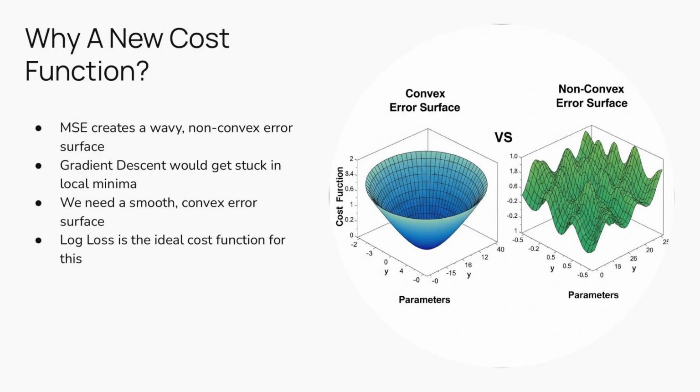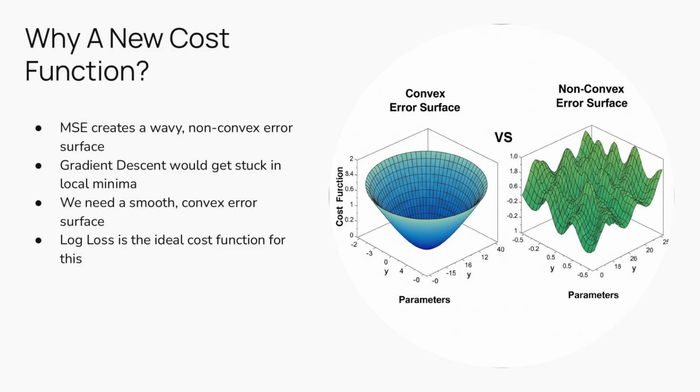But there's one final important catch. We cannot use the same mean squared error cost function we used for linear regression. Why? The math is complex, but the intuition is simple. If you combine MSE with a sigmoid function, the error mountain isn't a nice smooth bowl anymore.